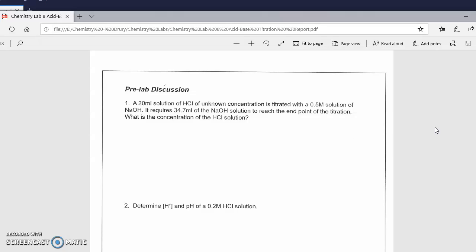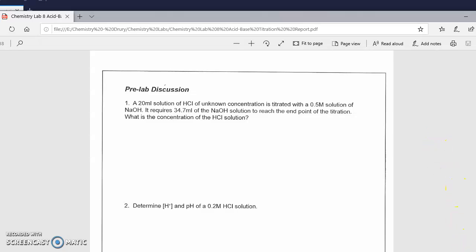So that means that for that to be equivalent, it has to be 0.017 moles divided by 20 milliliters times 1,000 milliliters per liter to give you 0.85 molarity for HCl. That's 0.85 molarity, capital M. Okay? And that is the answer to there. What's the concentration? It's 0.85 molarity HCl.